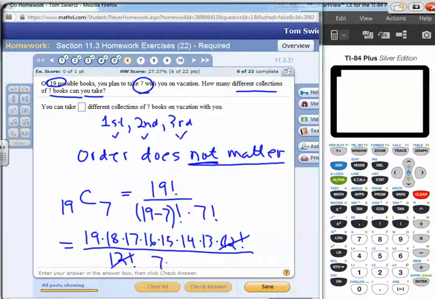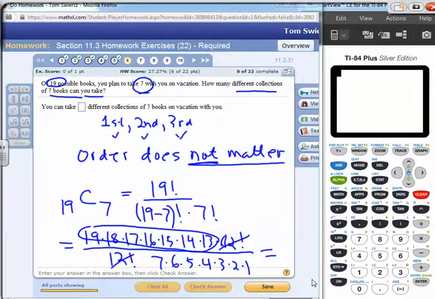Then 7 factorial is 7 times 6 times 5 times 4 times 3 times 2 times 1. So you'll have to multiply these numbers, then multiply 7, 6, 5, 4, 3, 2, 1, and divide the product of 19, 18, 17 all the way down to 13 by the product of 7, 6, 5, 4, 3, 2, 1 and get your answer.